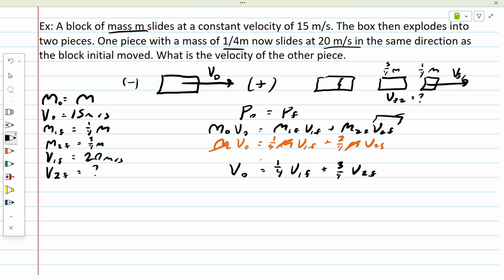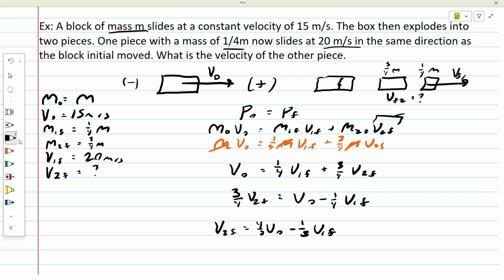So now we can rearrange it. 3/4 V2 final equals V naught minus 1/4 V1 final. If we plug the rest of these in, or rearrange the fraction, we'll get 4/3 V naught minus 1/3 V1 final.